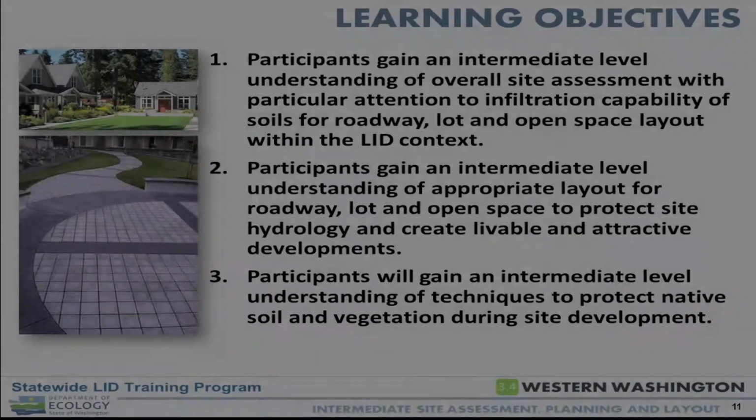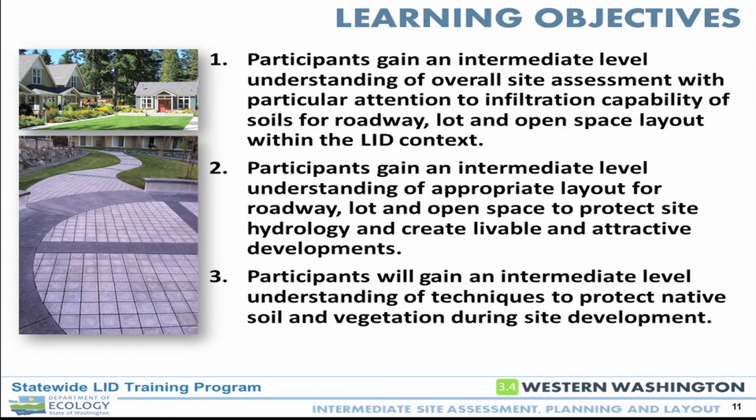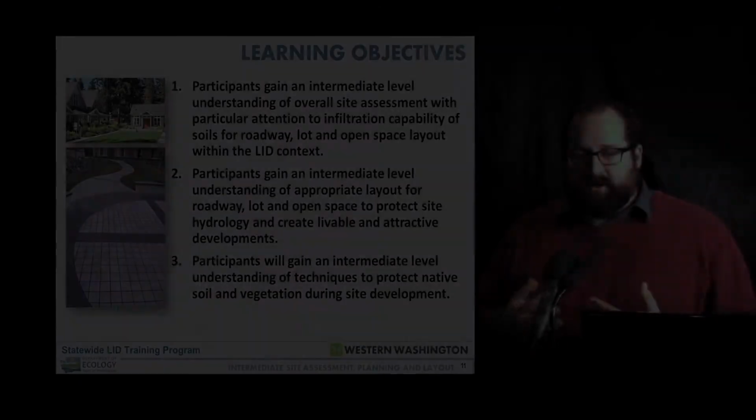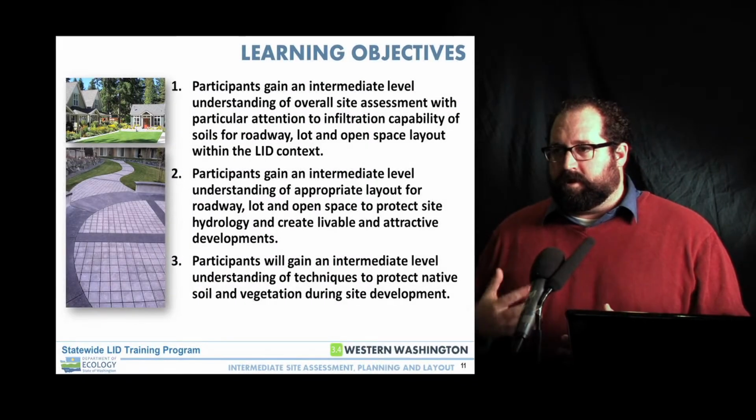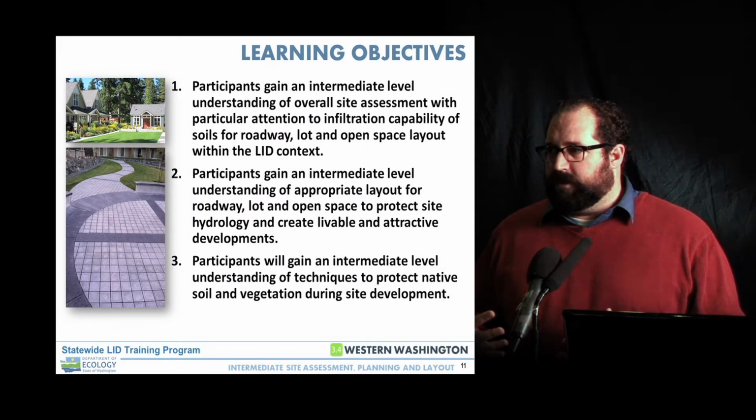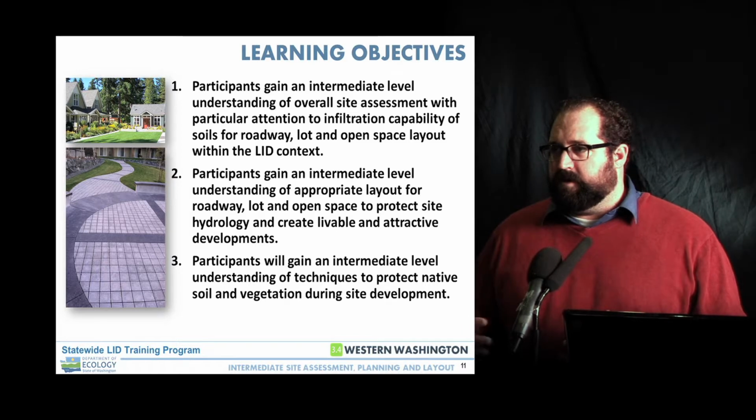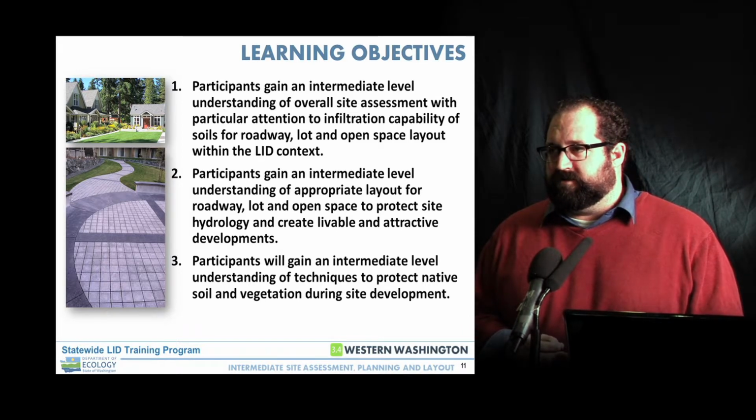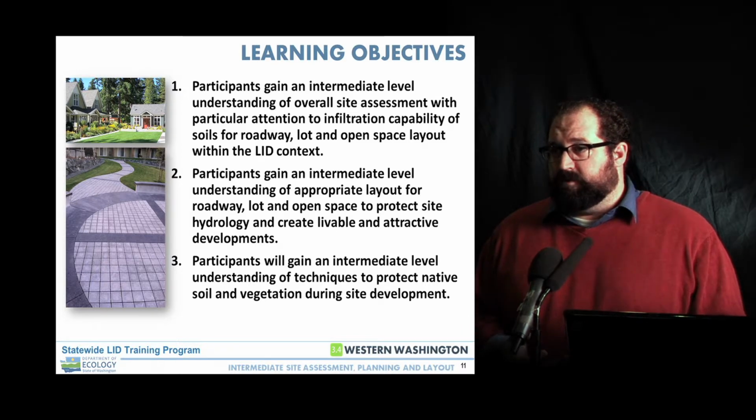program. One of the things that all of the modules of the series have developed as learning objectives, and mostly the idea is we want to give a good overview of some of the techniques and specific strategies related to site assessment for low impact development.